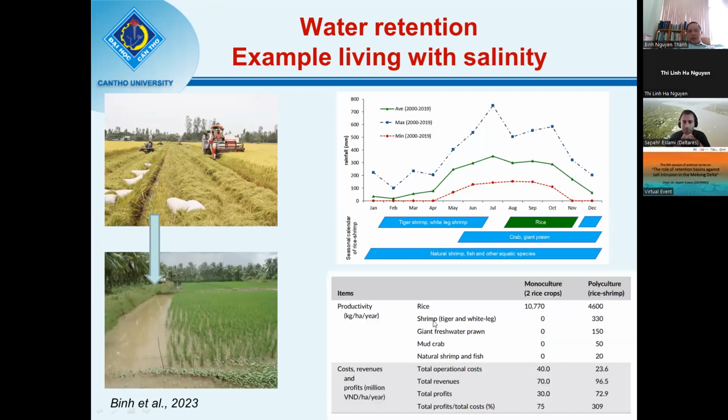And from the economic calculation, rice shrimp is better compared to 2 rice crops. And many papers and much research also talk about the environmental aspect of this farming system.